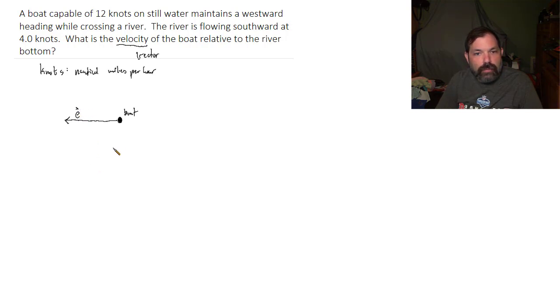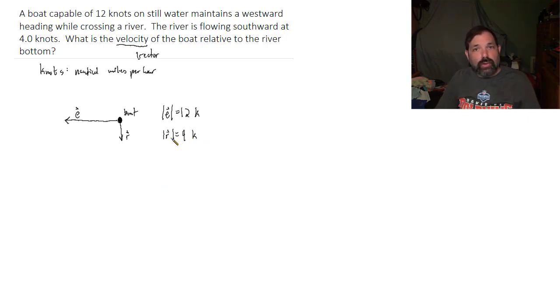The E vector has magnitude 12. I'll just use K for knots. And then the river is flowing southward. Let's call that the R vector. And we know that the magnitude of the R vector is 4 knots.